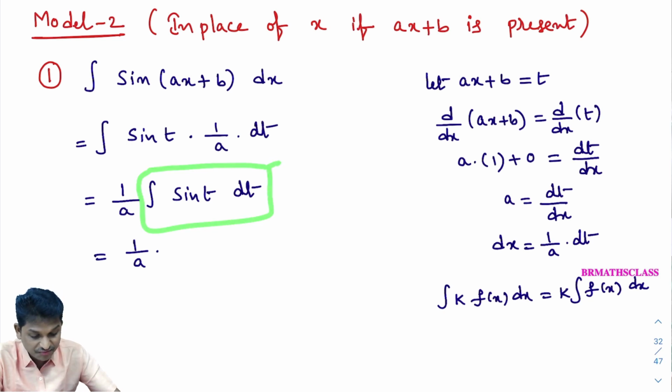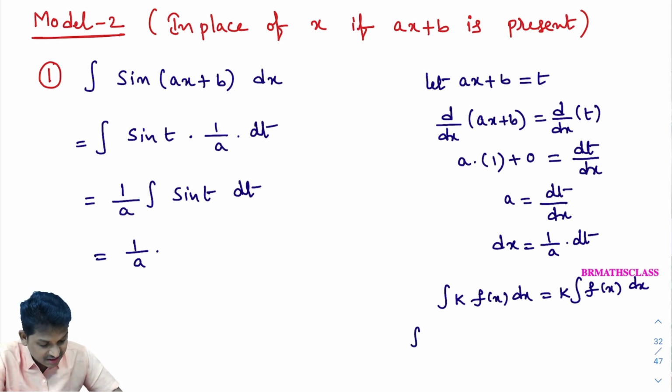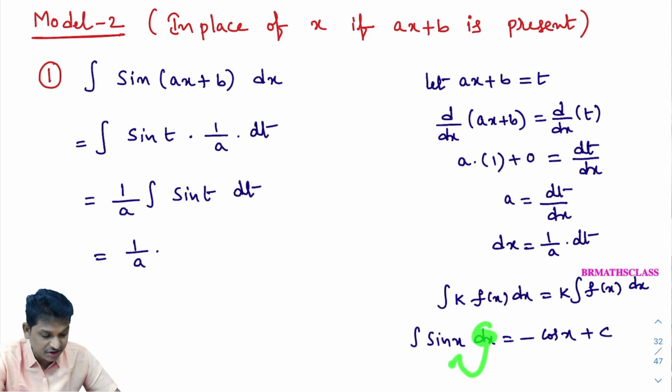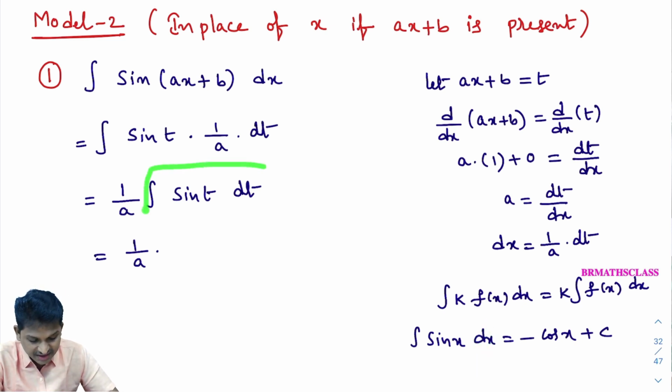We know the formula: integral of sine x dx is minus cos x plus c. In this formula, we are integrating with respect to x and the function is also in terms of x, so directly we write minus cos x plus c. Here, see integral of sine t dt.